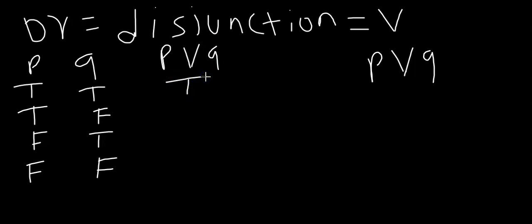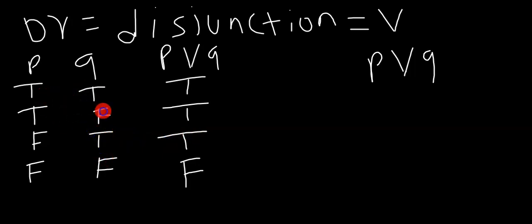If it is true or false, it will still be true. If it is false or true, it will still be true. But if it is false and false, it will definitely be false. The thing with this one is, if there is one true, the whole thing will be true. If there is one true, all of them will be true.